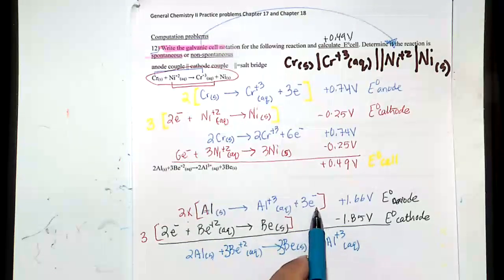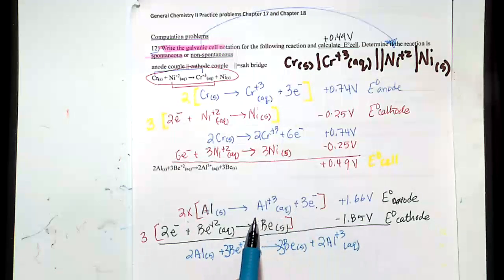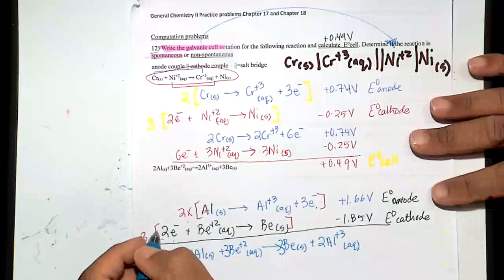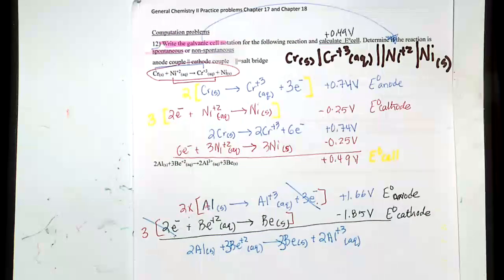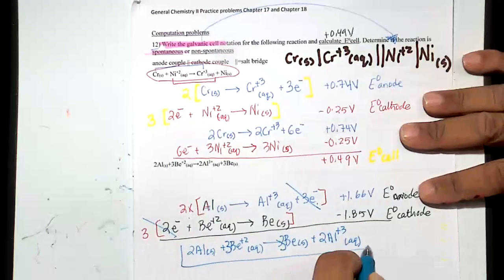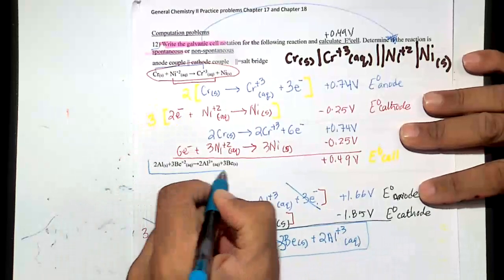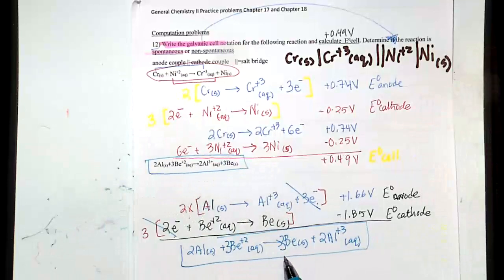We multiply the top one by 2 to get this to 6 electrons, and then we multiply the bottom by 3 to get this to 6 electrons. So the 6 electrons cancel. But is this on the question or on the given reaction? We generated the given reaction.